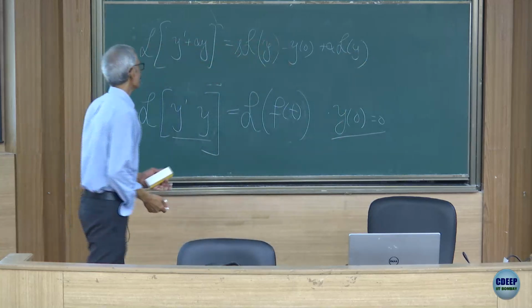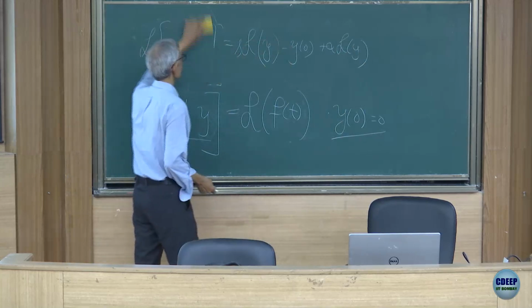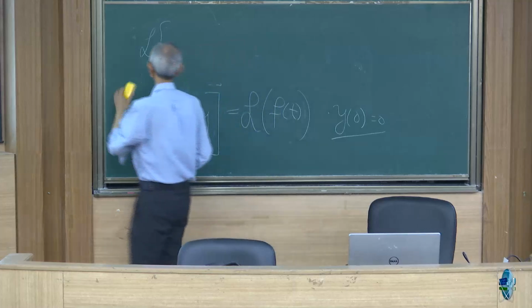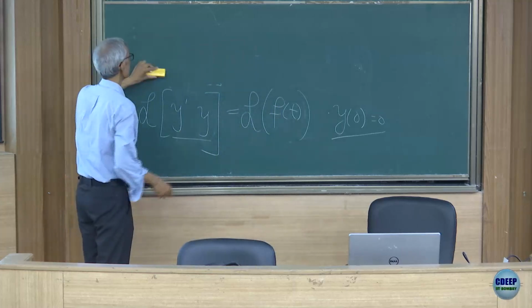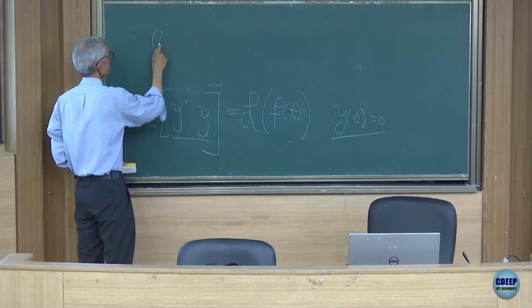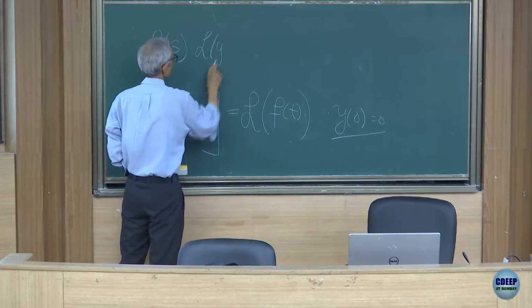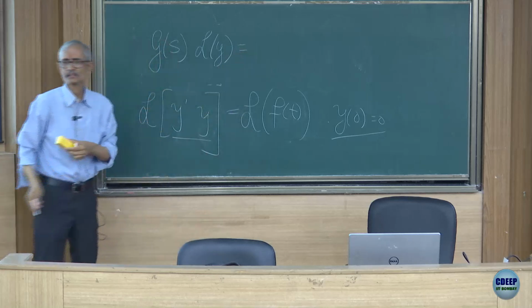So on a general plane, we will just say that the Laplace transform of this is some function g of s times, would that be okay?